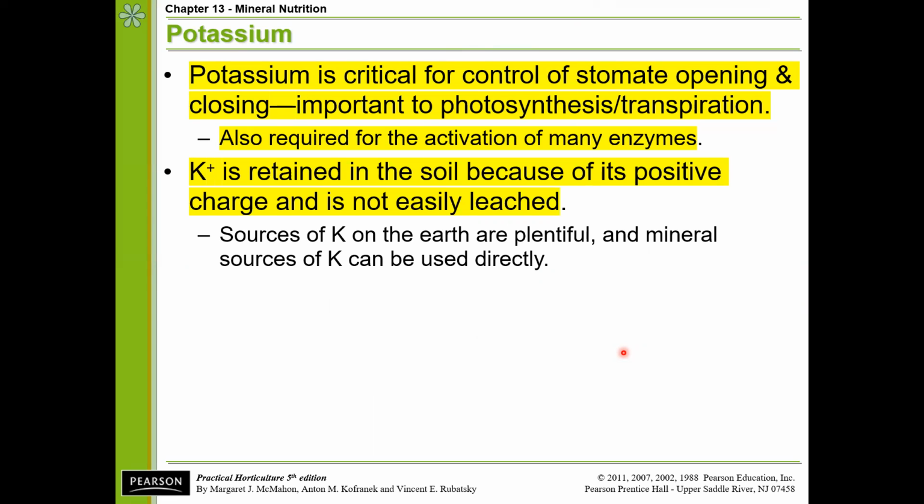Because of its positive charge, it's not as easily leached. So we can definitely have potassium deficiency, but it's less likely than nitrogen or phosphorus deficiency, because it's more easily stored, and there are lots of sources of it naturally and synthetically.